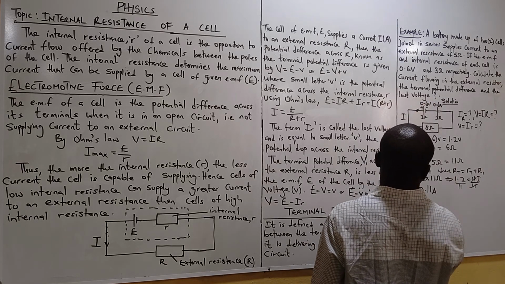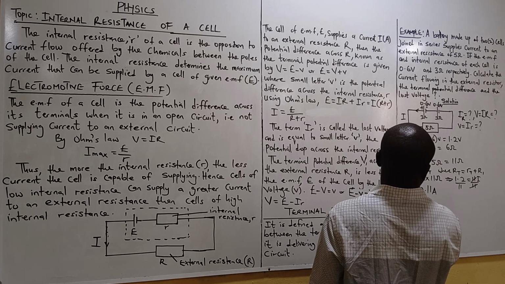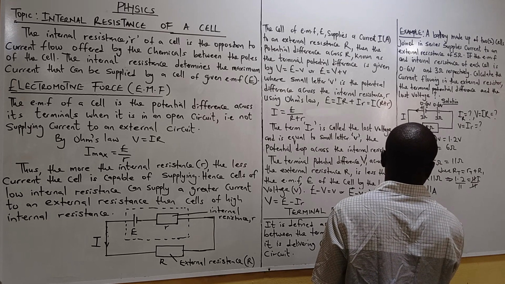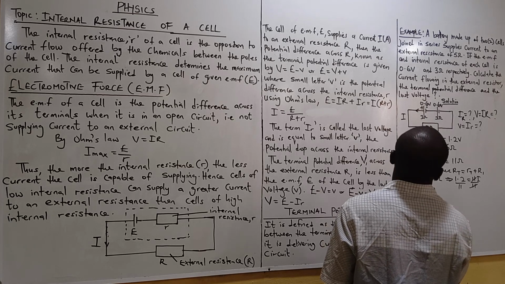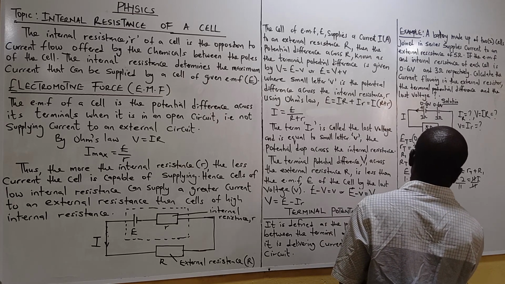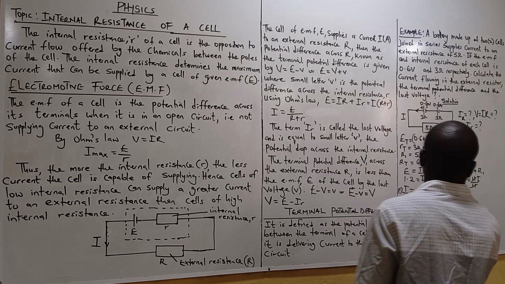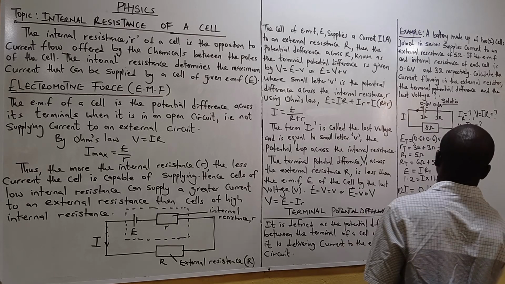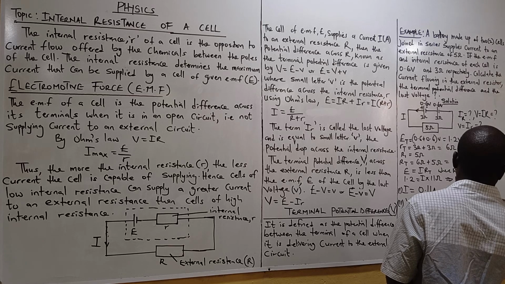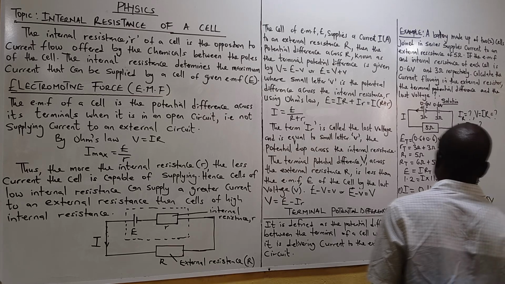Now we have to look for the terminal PD. Terminal PD is V equals IR. What's the current? 0.11 times R, 5. That's 0.55 volts.